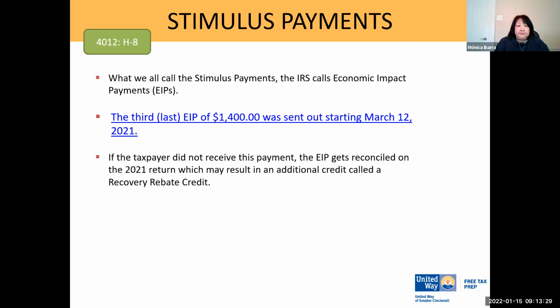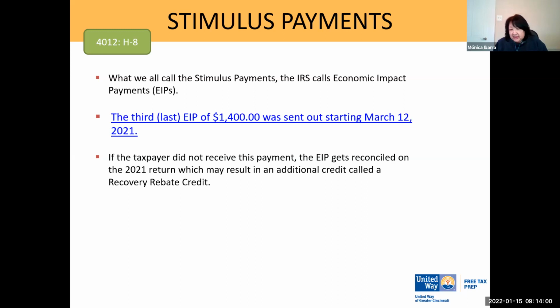So if the person did not receive this payment, then they can still claim it on the tax return. So, if they got it, the taxpayer needs to report it on the tax return. I got it, and this is how much I got. If they didn't get it, then they can say, I didn't get it, or I didn't get as much as I was supposed to, and then they report that on their return.